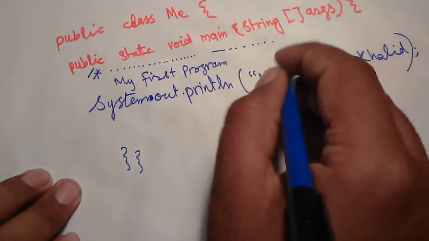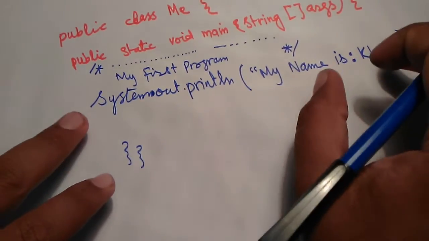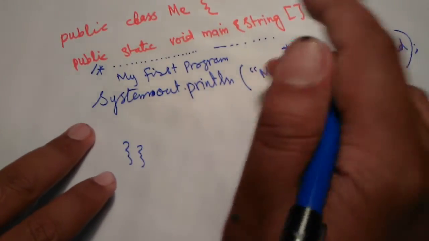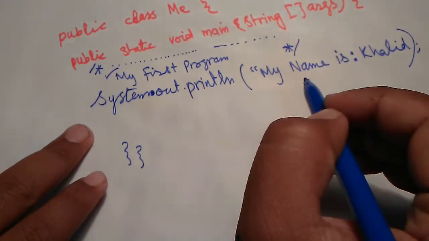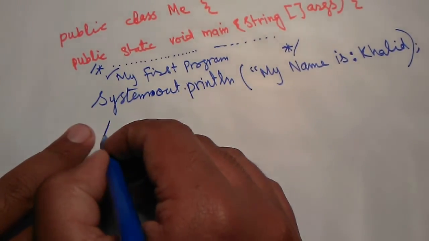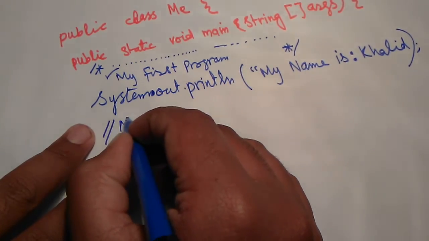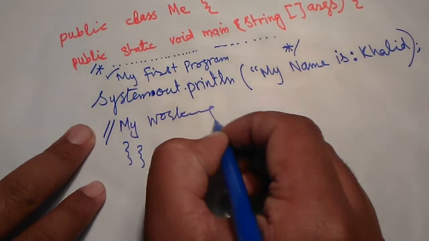This line will not affect the code written before. The code's output will remain the same as before. This is for my remembrance that it was my first code, and here I can also write in a line that it is a working code.